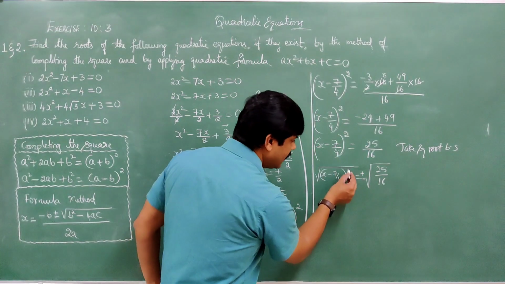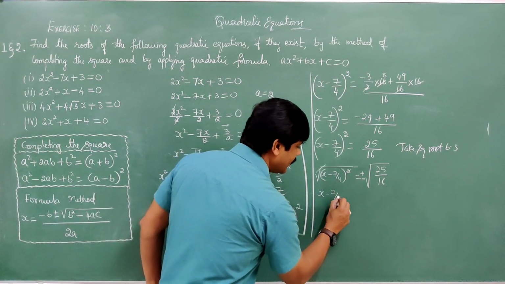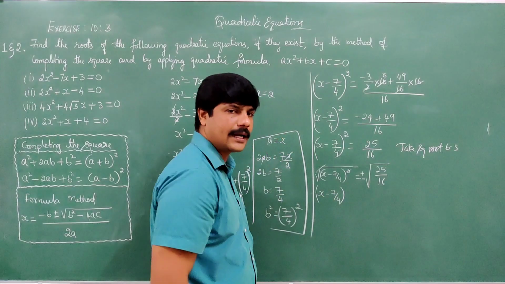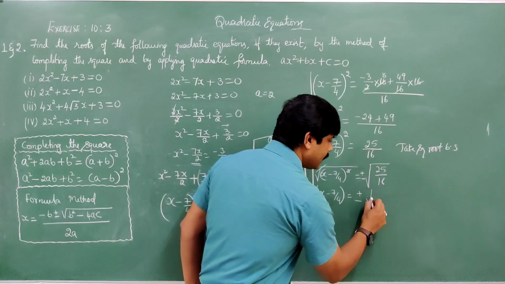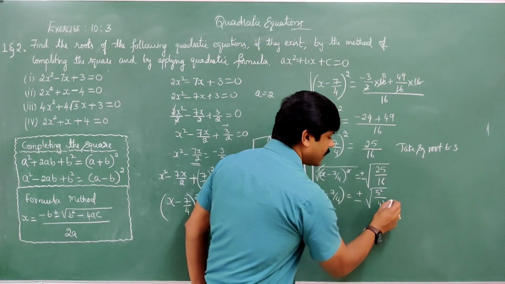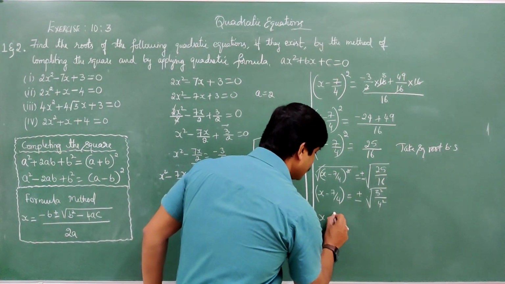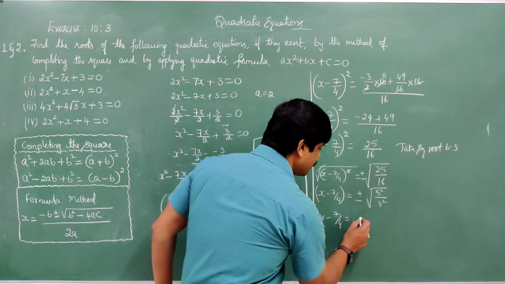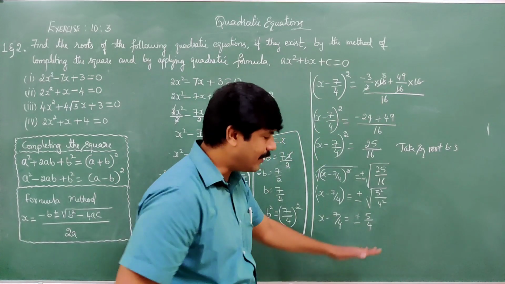Now, square and square root gets cancelled up: x minus 7 by 4 is equals to plus or minus, 25 is nothing but 5 square, 16 is nothing but 4 square. So square root gets cancelled as usual, and you will get x minus 7 by 4 is equals to plus or minus 5 by 4.